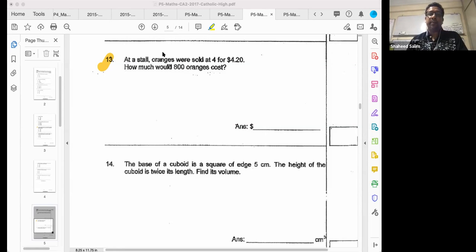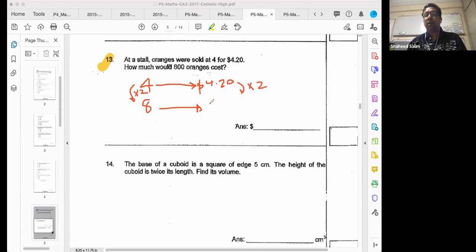Okay, this method is very simple if you're not so sure. Putri, so sorry, it's not that, Putri. Now, 4 oranges, $4.20. You want to get 800. Why don't we go to 8 first? 4 to go to 8, you times by what? Oh, times by 2. Then do the same thing, times by 2. How much is 8 oranges? You times by 2, you get $8.40. Okay, great.